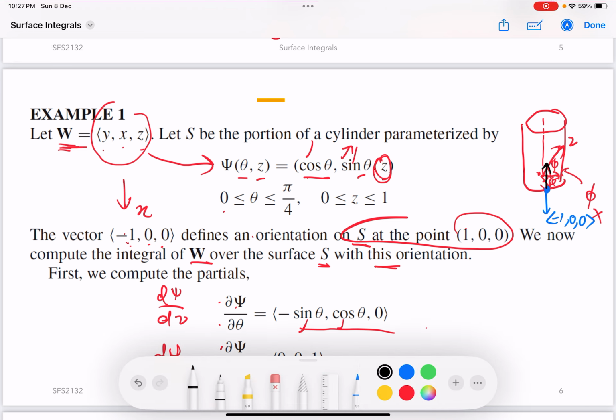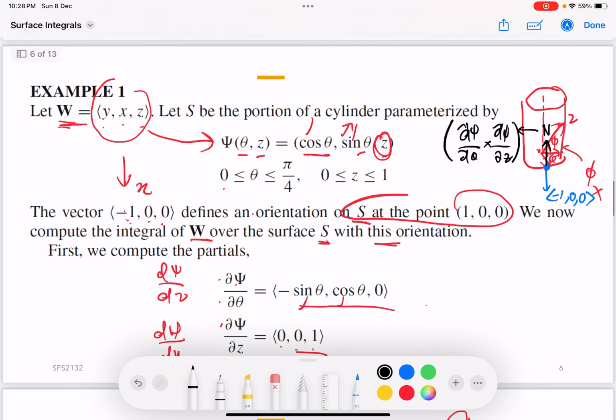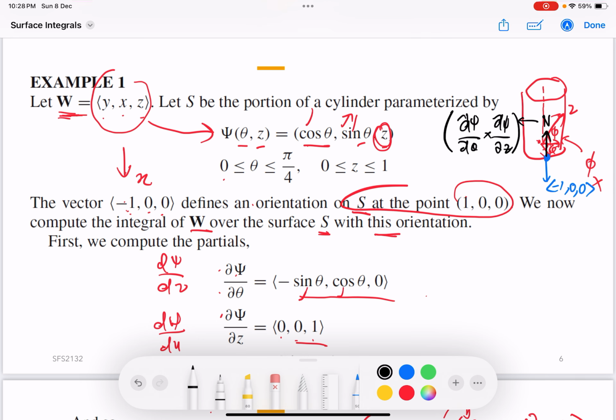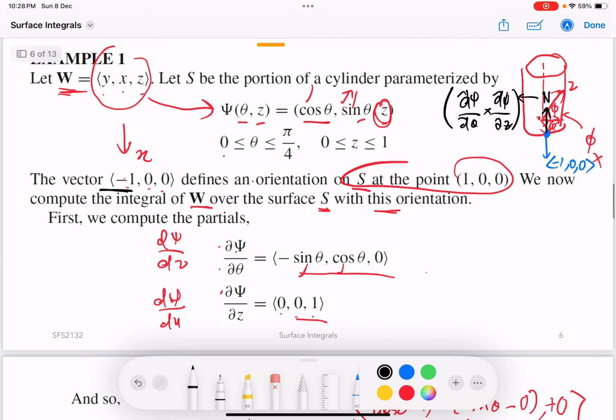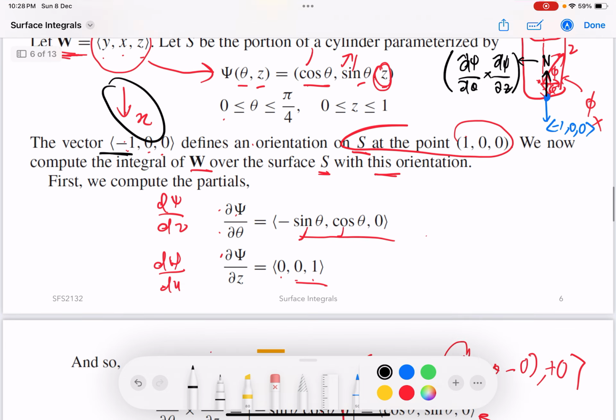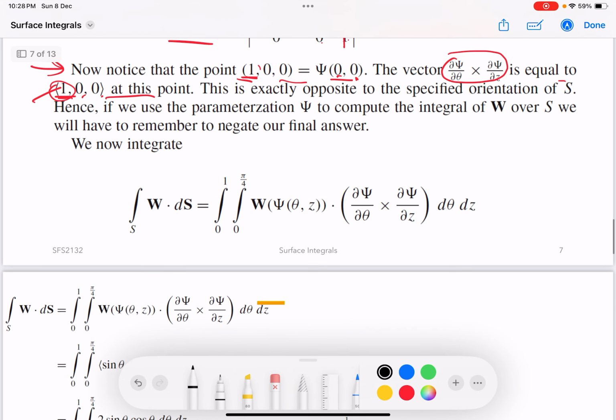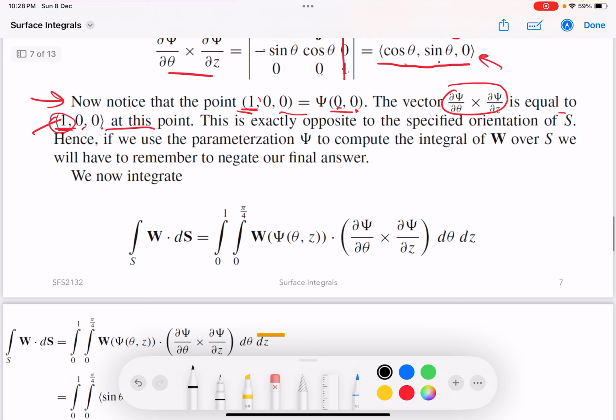So this is your n, d psi d theta cross d psi dz. This normal vector is not in the same direction as given by the vector. The vector should be downward on the x component, but our cross product gives positive orientation.